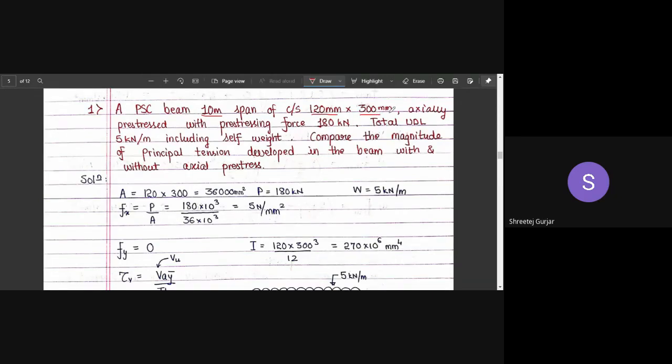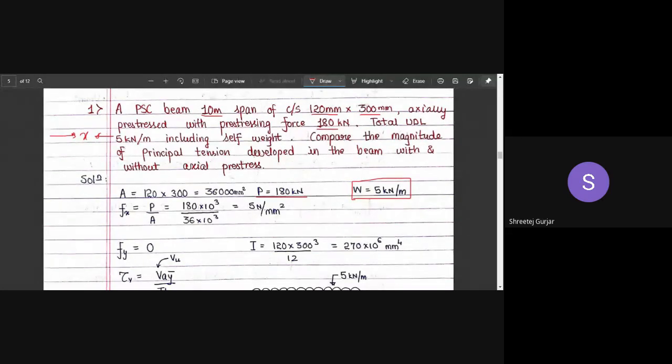Axially pre-stressed, meaning pre-stressed in the x direction, with a pre-stressing force of 180 kilonewtons, that is capital P. Total UDL is 5 kilonewton per meter, including the self weight. So I will write W as 5 kilonewton per meter, the total UDL which is acting.